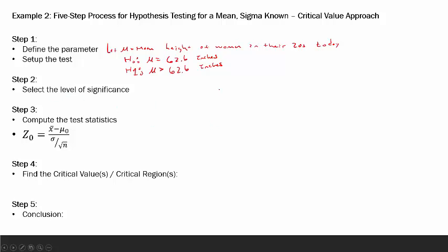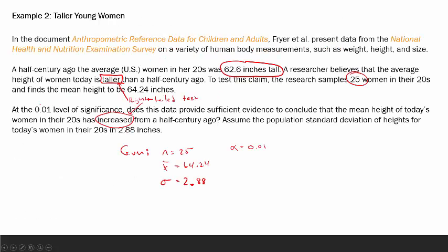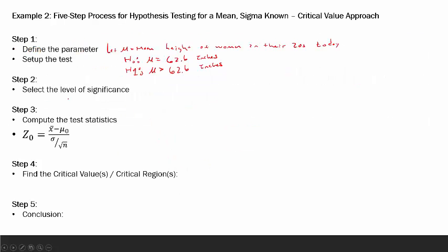All right, so next, select the level of significance. Well, that's given to you. It's 0.01. So next, we need to compute the test statistic. Again, all of this is going to be given to you.